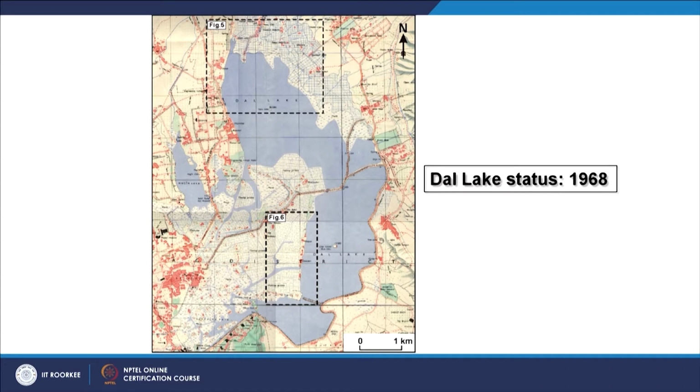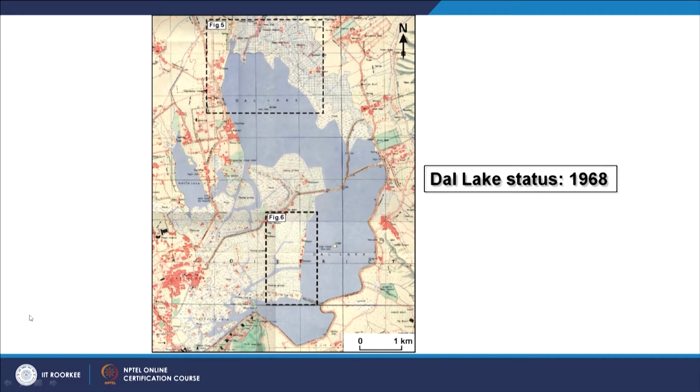In that project we wanted to restore the Dal Lake, and one more small lake called Nagin Lake. We wanted to restore the shape and the water quality of these two lakes.